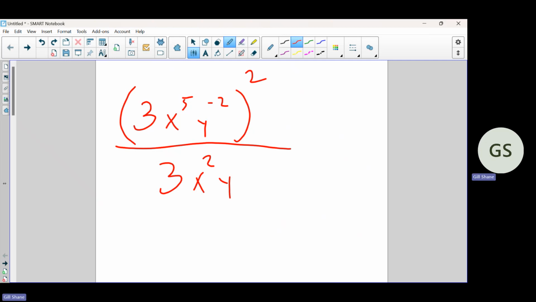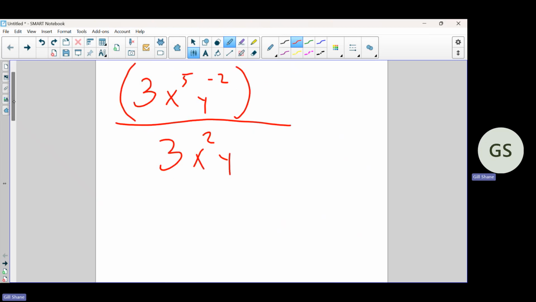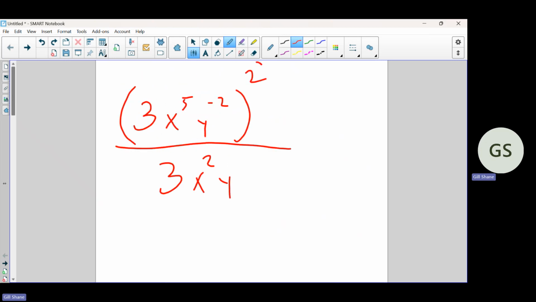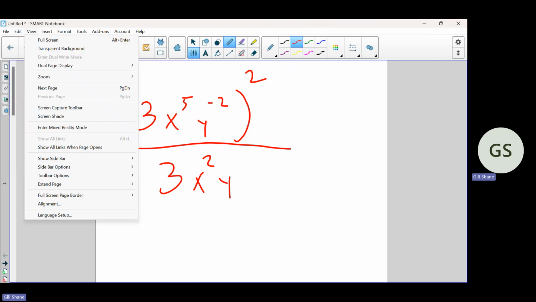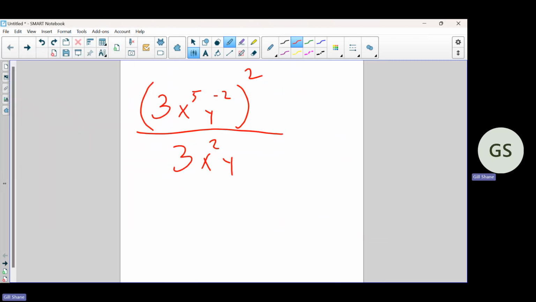So there's several ways to do it. If you really remember the rules, you can do something with this 2 on the outside immediately. I kind of taught you one concept. And that one concept was, what does an exponent mean?